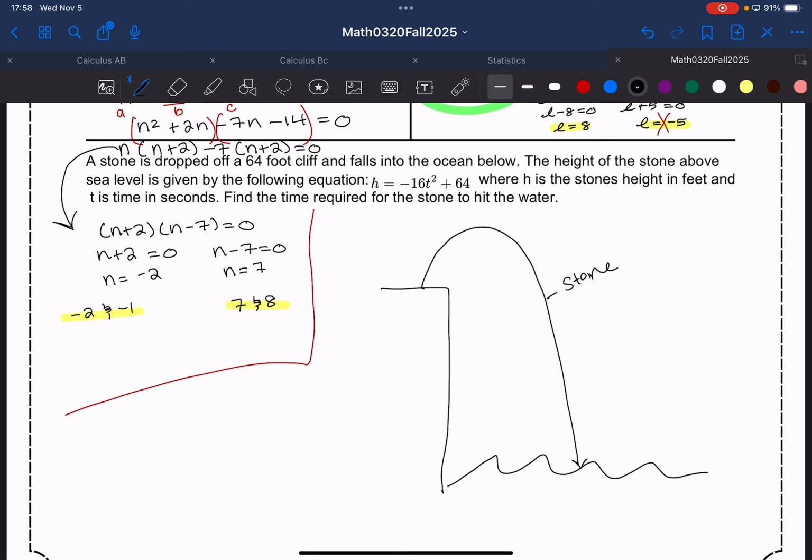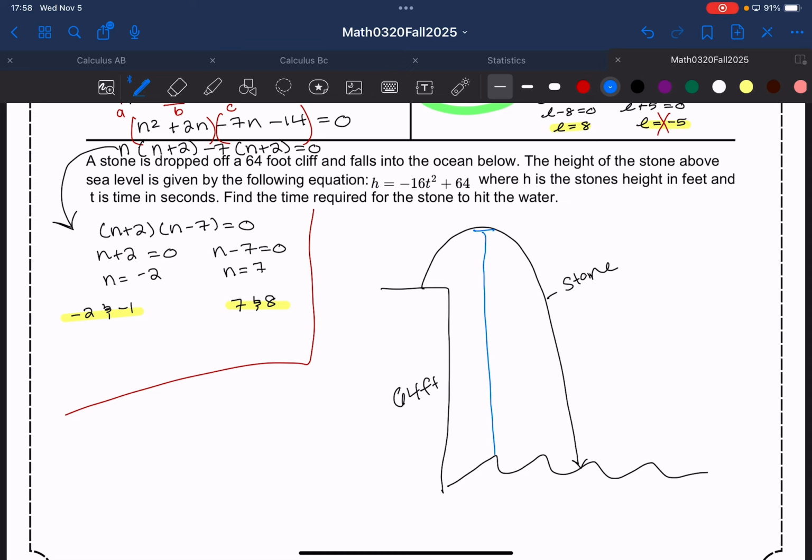I'm making sure I have all my information here, and it says the stone is dropped off a 64-foot cliff. So I know this cliff is 64 feet. Then it says the height of the stone above sea level is given by the following equation, which means it's talking about the maximum height of when you throw it up in the air all the way down to the water.